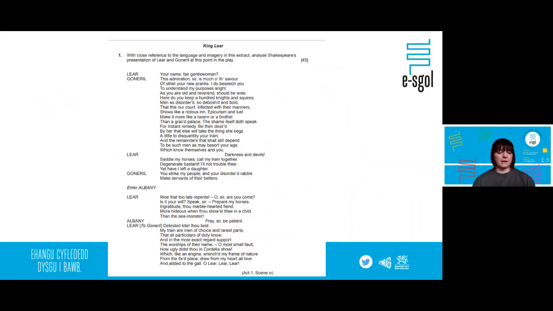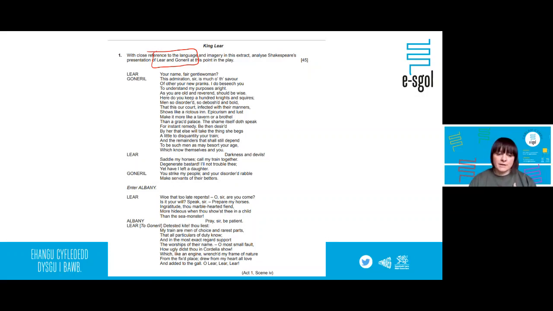Okay, so we're going to have a quick look now at an extract from King Lear. Again, if you look at the question focus with close reference to the language and imagery in this extract, analyse Shakespeare's presentation of Lear and Goneril at this point in the play. So you're trying to focus on 2 characters here. So a little bit more complicated, a little bit more focused, a little bit more work needs to be done here.